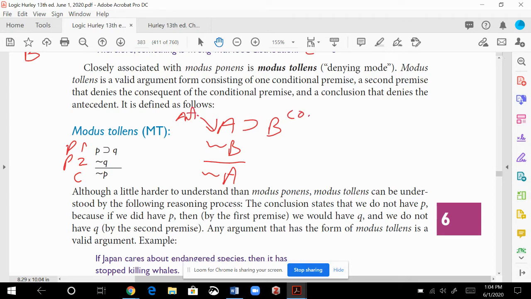Second part, consequent. You can go back to chapter 1 and review your conditionals. And then what you do is you deny the consequent. That's what you're doing here. You have a B, right? So on the bottom on premise 2, you're saying not B. Whatever B is, not B. Then you're saying whatever A is up here in your antecedent, your conclusion's not A.